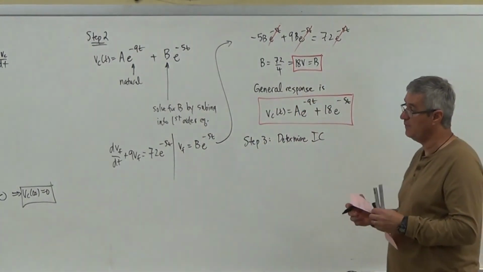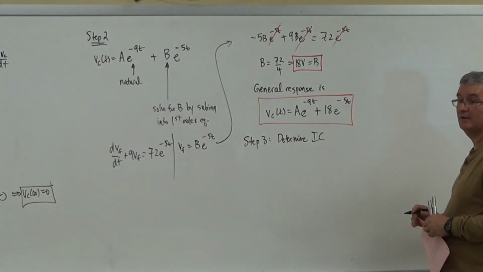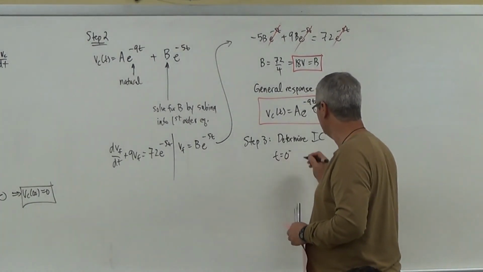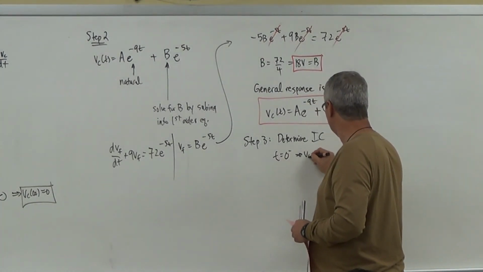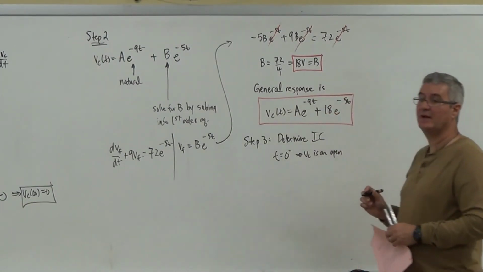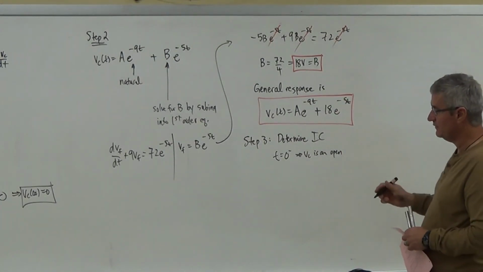That means I have to go back to my circuit. So my circuit looks like this. At t equal to 0 minus, remember Vc is in open. You have to remember that.